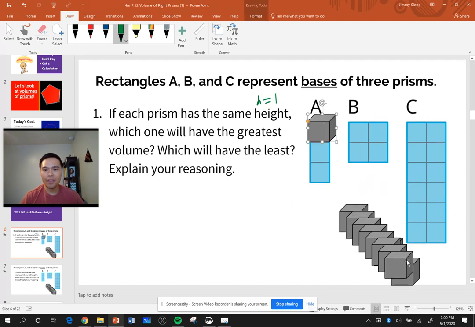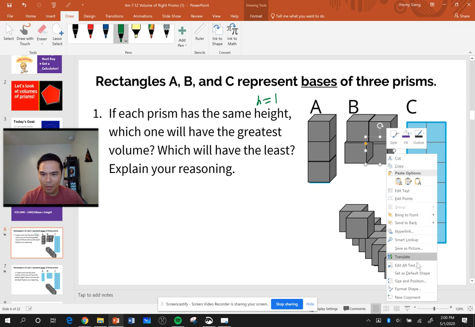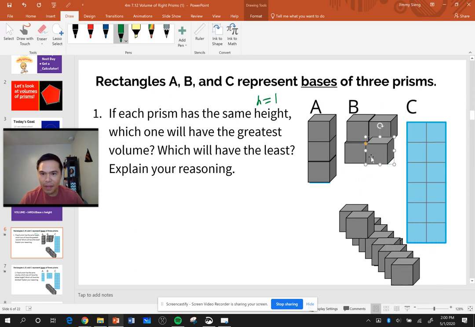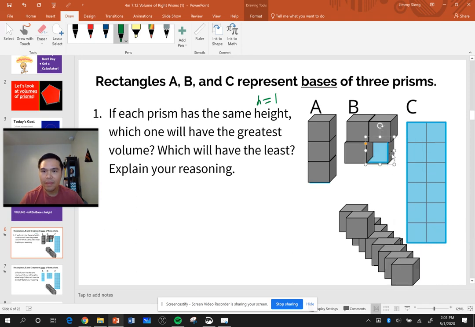So understand, if I was to put these on top of each other, we're kind of creating that shape. This isn't going to be perfect, but good enough. What is going to have the biggest volume? Meaning, which one is going to be filled up the most? If I was to bring this up, bring this back, ooh, that one's gone.